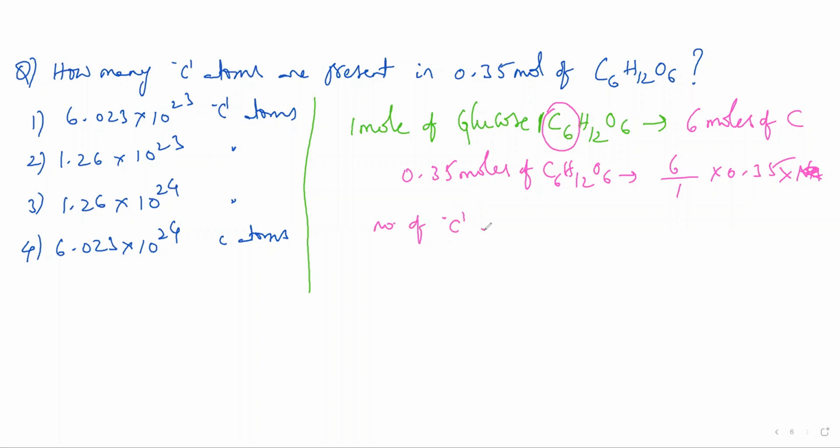Number of carbon atoms, that is 6 into 0.35 into Avogadro number. So that is 6 into 0.35 into 6.023 into 10 power 23. Now multiply all those values and let me know your final answer.